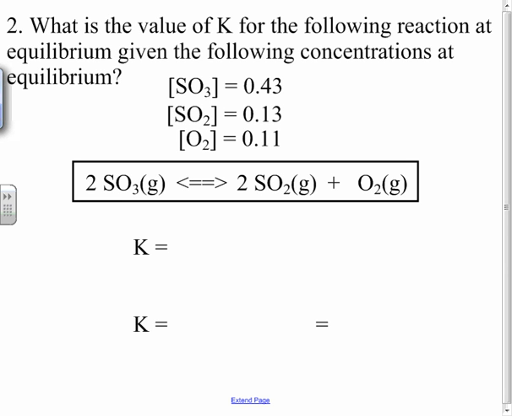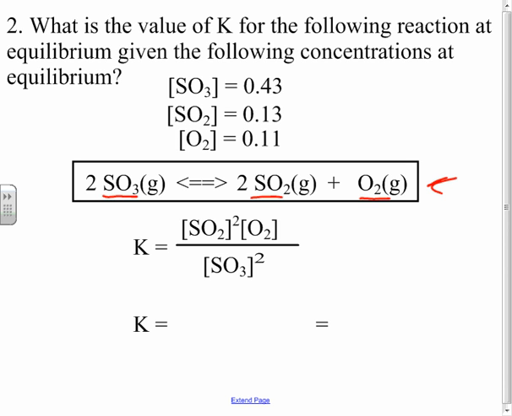Okay, one more sample problem here with just the calculation of K. What is the value of K given the following data? So here's our equilibrium expression. Again, it's always products over reactants. So it's going to be the SO2 squared times the O2 over the SO3 squared, which will look like this.